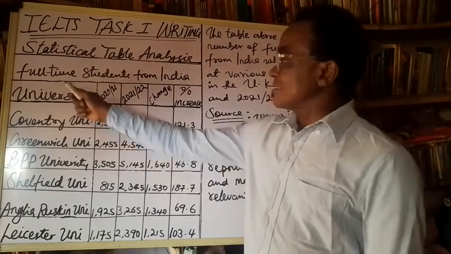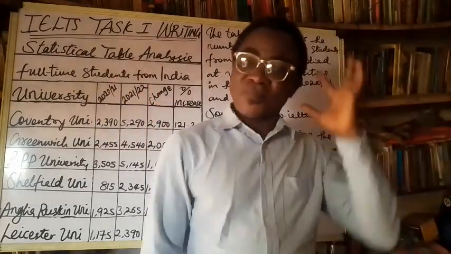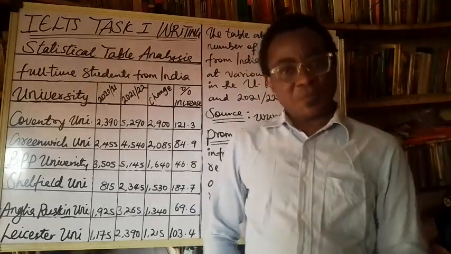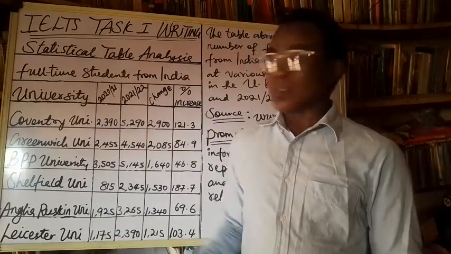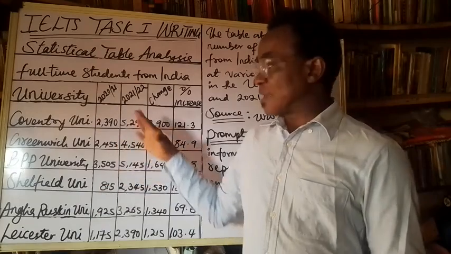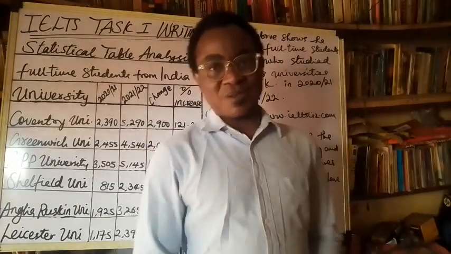In the IELTS Task 1 writing, the examiner expects the student to, within 20 minutes, give a report of the analysis of a table such as the one that we have before us.